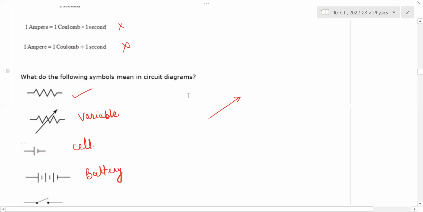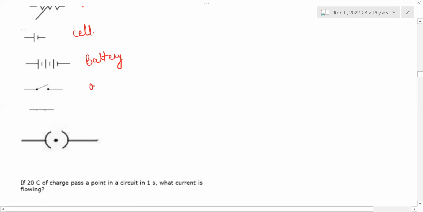Sixth is a closed tap switch. And seventh is a closed plug switch.